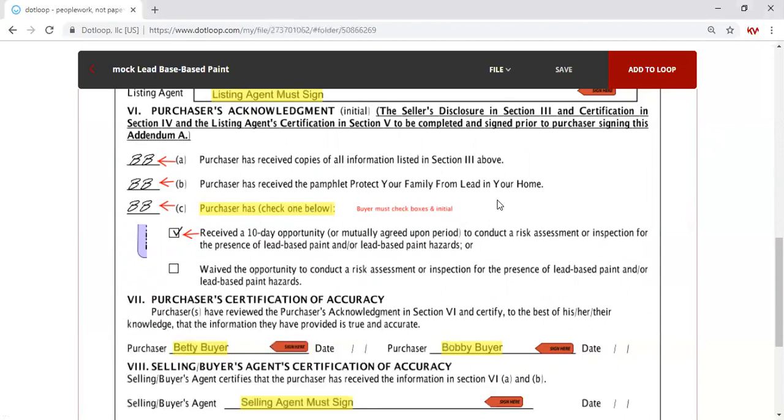It is in the loop. 4C, the buyer needs to initial that he has received a 10-day opportunity to conduct a lead paint inspection, or he waives his opportunity to conduct a risk assessment on the property. That is up to the buyer. The buyer has to check one of those two boxes. Then each buyer has to sign this document, and the buyer's agent must also sign.